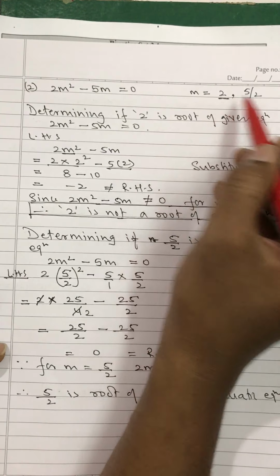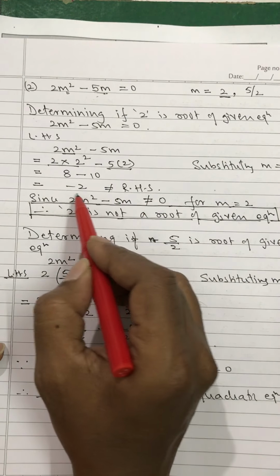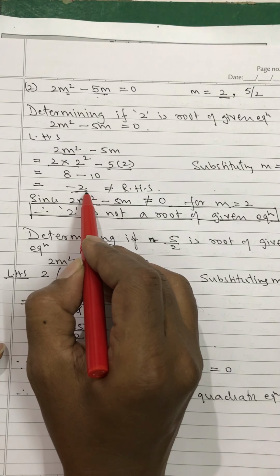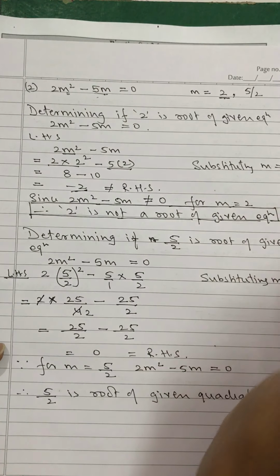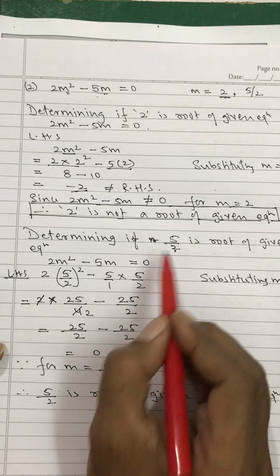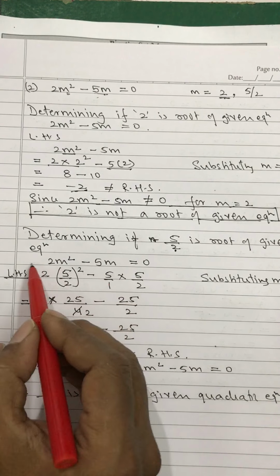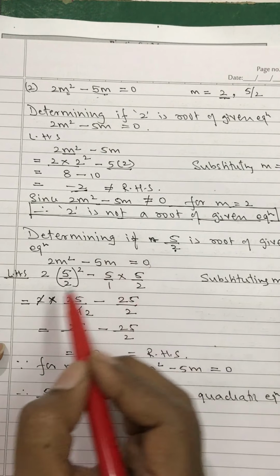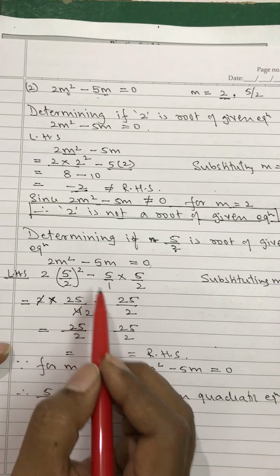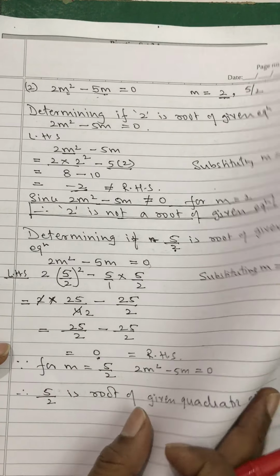When we substitute 2 in the place of m, you got the end value is -2, not 0. Therefore 2 is not the root. When you substituted 5/2, you got end value is equal to 0. Means the left hand side of the polynomial turned to be 0. Therefore 5/2 is the root. The value that we substitute is the root.